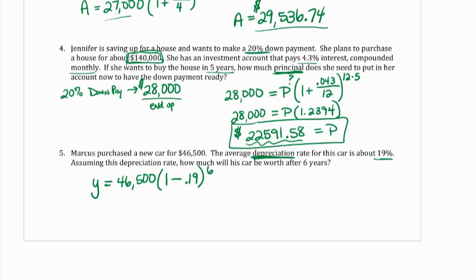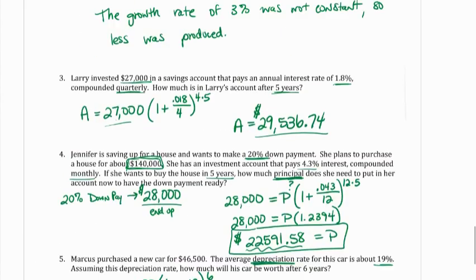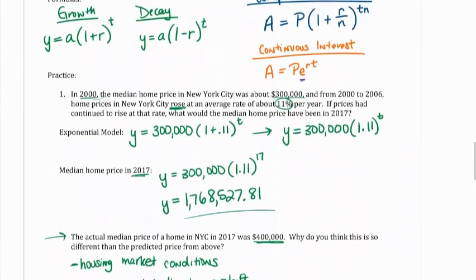So I'll do my 1 minus 0.19, raise that to the 6th power, and then multiply by 46,500. And that gives me 13,132.97. So that's how much that car would be worth after 6 years. Cars depreciate fast, right?